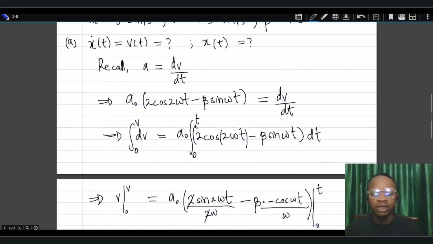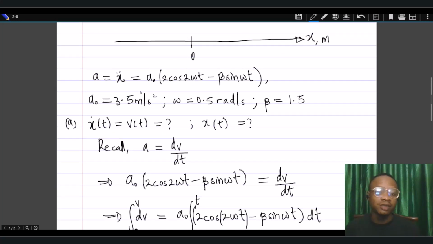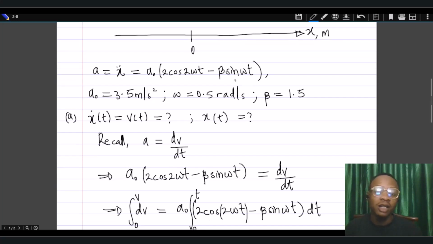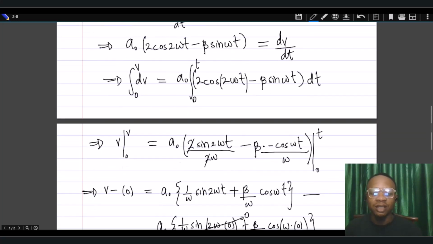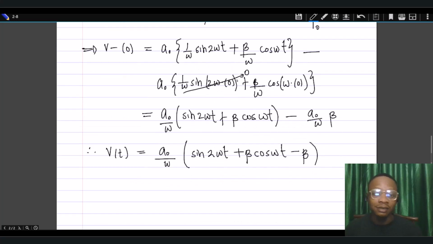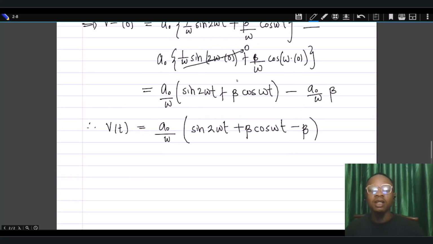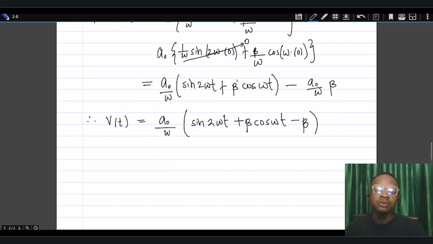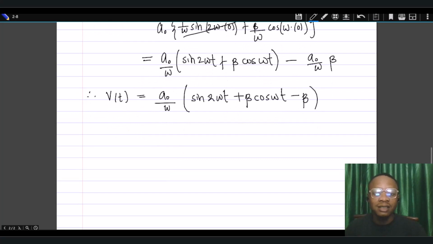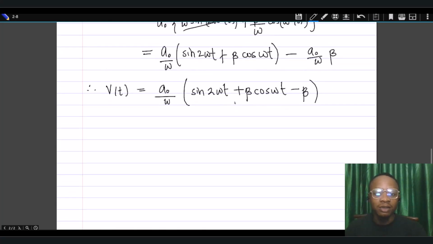You might be wondering, why didn't we just substitute here, get a directly as a function of time so that we don't have to deal with this constant again? Yes, that is okay. You can do it like that, but like I said in the last chapter, it is more appropriate to work as far as possible using symbols first before you do a final substitution.